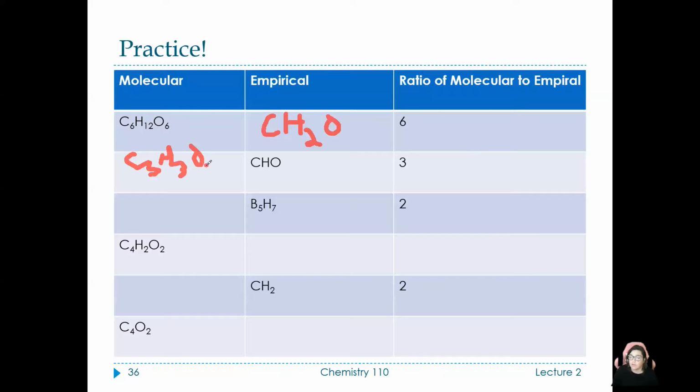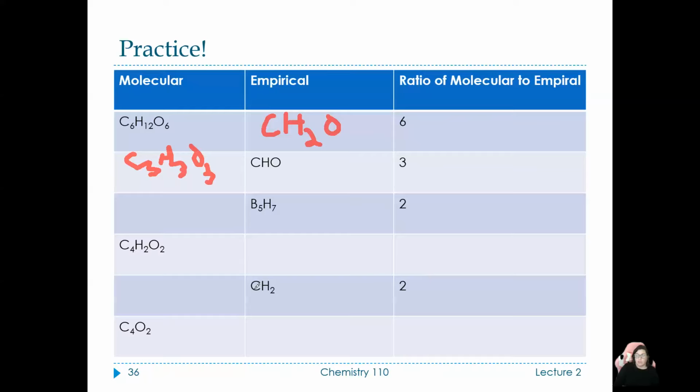And I'm not going to draw the rest of them. B5H7, if I multiply that by 2 to get the molecular formula, that'll give me a molecular formula of B10H14. If my molecular formula is C4H2O2, then my empirical formula is going to be C2HO. And I have divided this by 2 to get that, okay?